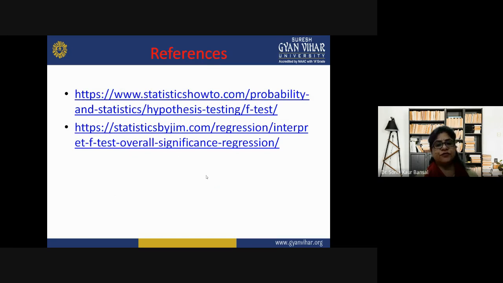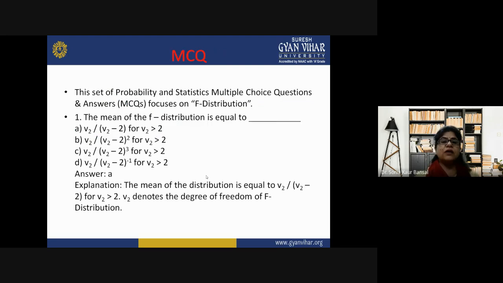Now these are some references, students, and you can study more about F-test by looking at these references. Now let's discuss some MCQs given to you with explanation also.